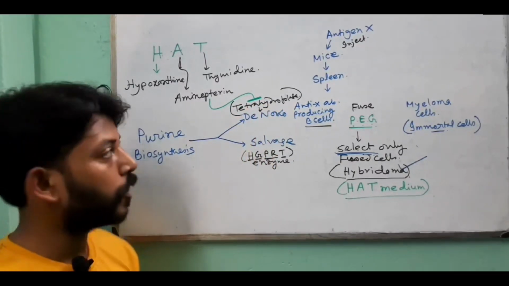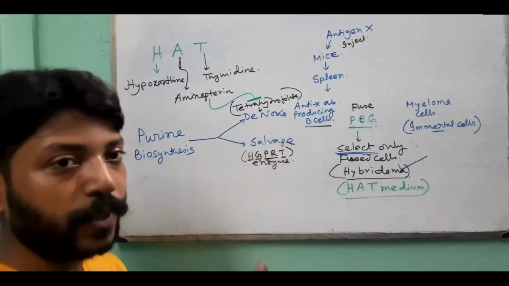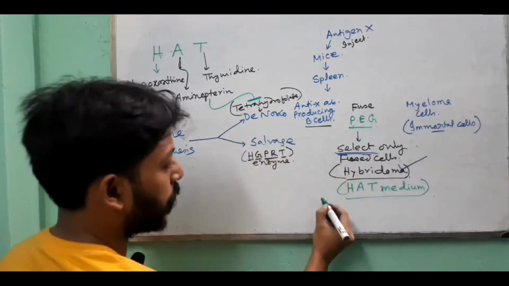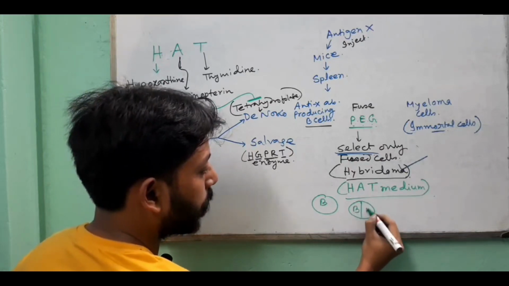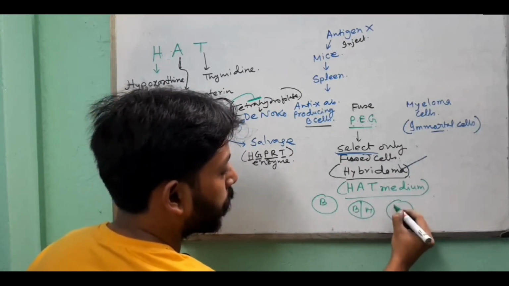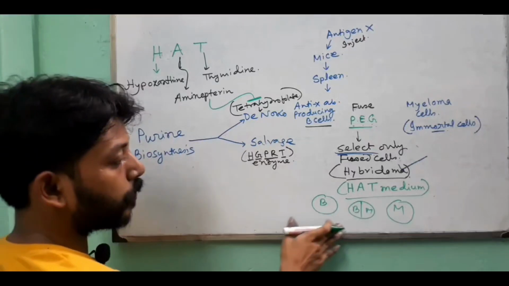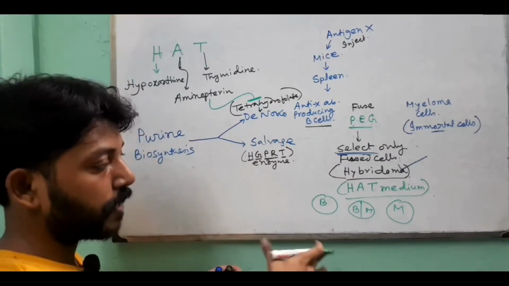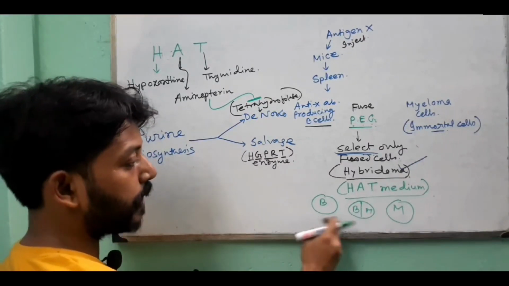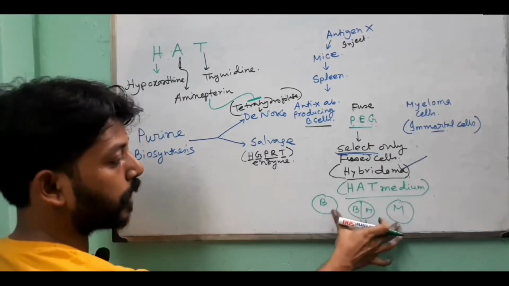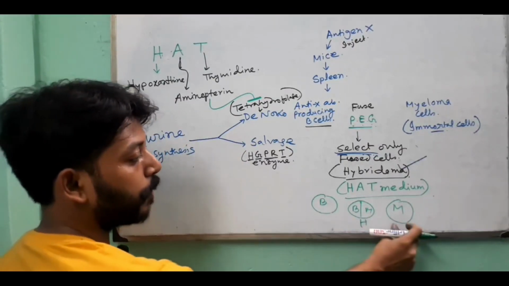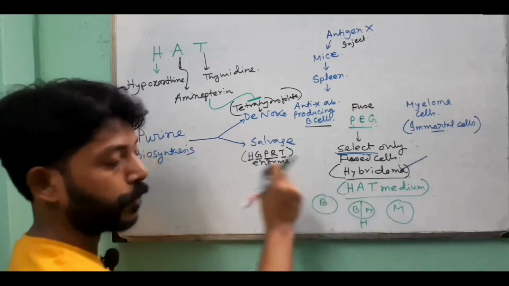So this medium will affect every cell, whether it is a B cell, a hybridoma cell, or a myeloma cell. There are actually three possibilities: a B cell, a hybridoma cell, or a myeloma cell. If the two cells do not fuse, they remain as a B cell and a myeloma cell, and if they fuse, they become a hybridoma cell.